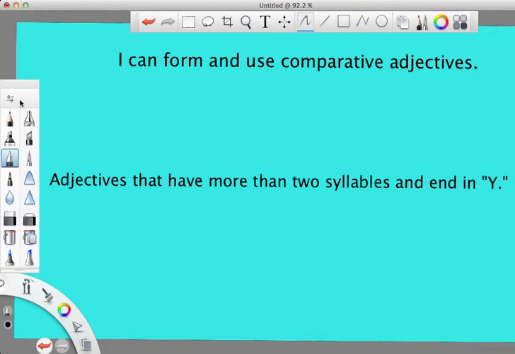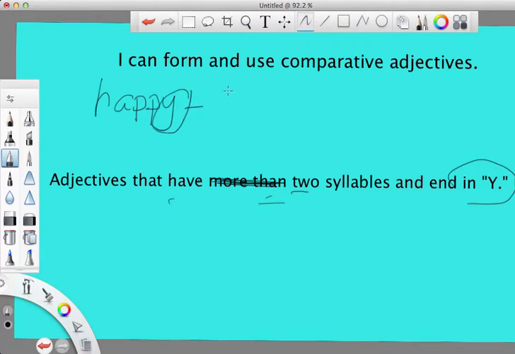Okay, so now we also have adjectives that have two syllables and end in a y. And actually, it should be two syllables, not more than two. For example, the word happy has two syllables, and it ends in a y. What happens?